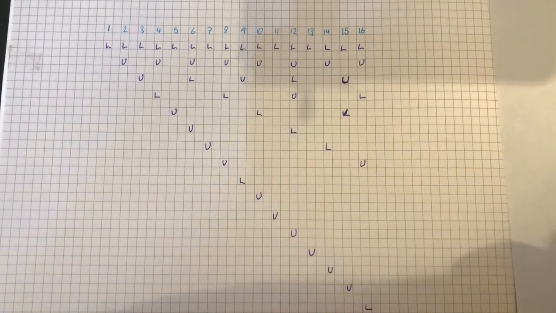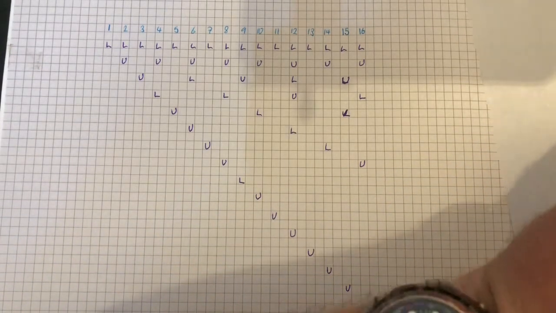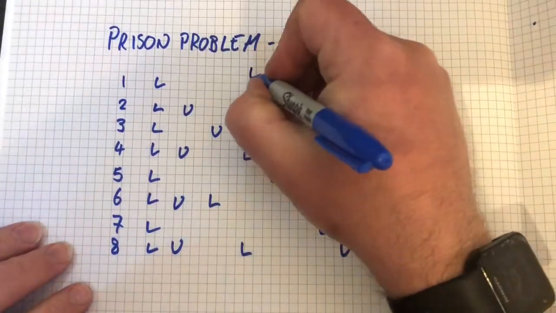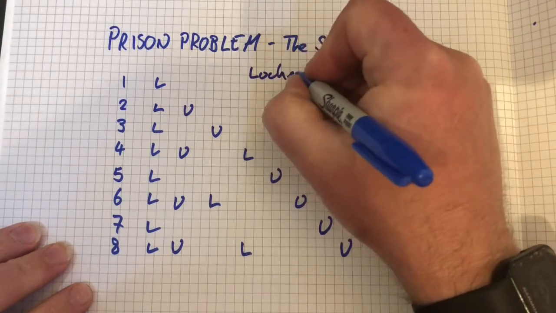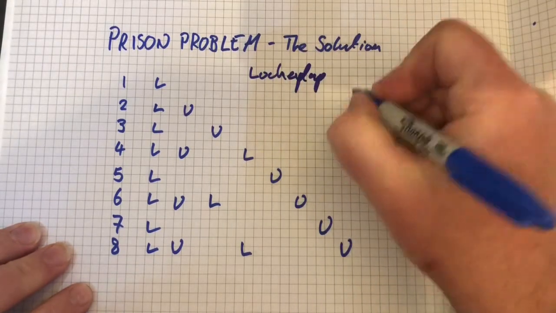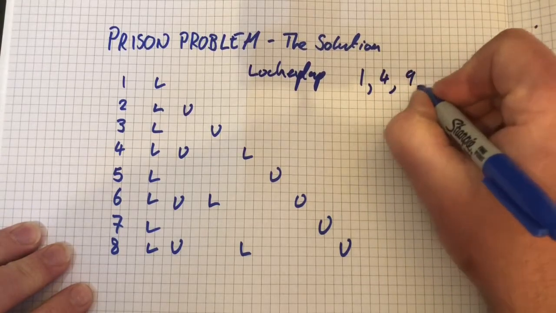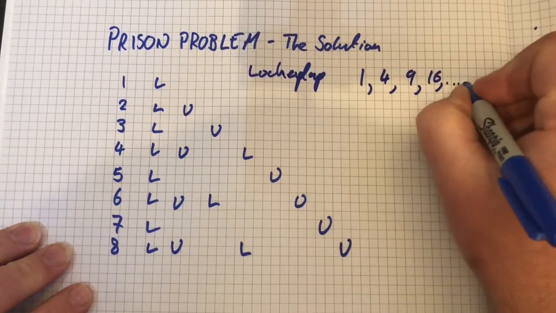So if we go back to our previous sheet, we can say at the end of this problem, the ones that get locked up are 1, 4, 9, and 16.